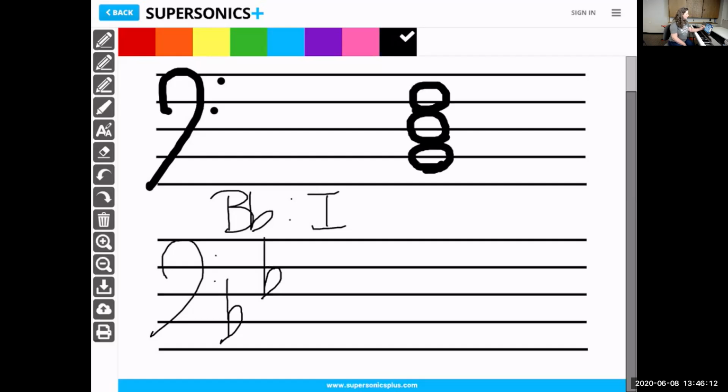Okay, so I know that this B is flat. I'm going to put my flat symbol there because according to the key signature that I drew below, B has to be a flatted note. Do I have an E in the chord? No, I have a D and an F, so I'm done. That is my 1 chord. That is my answer. Easy one before we get to the hard one.